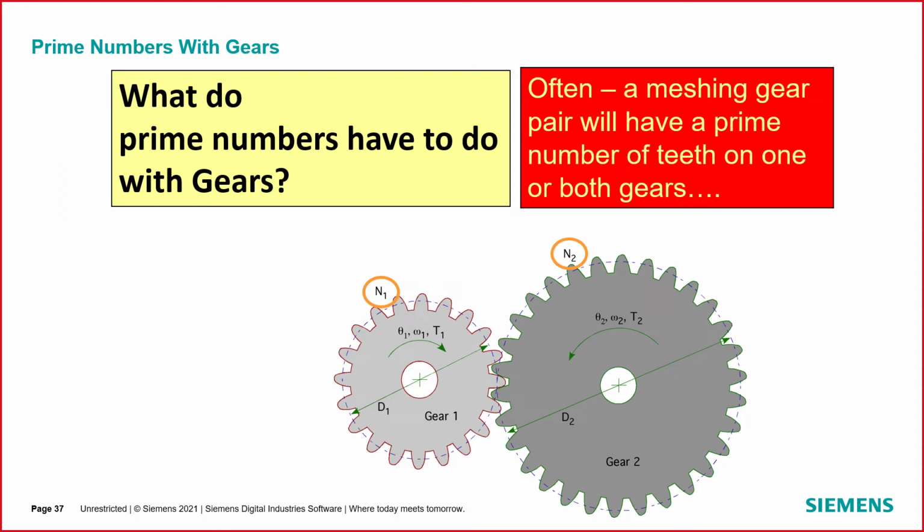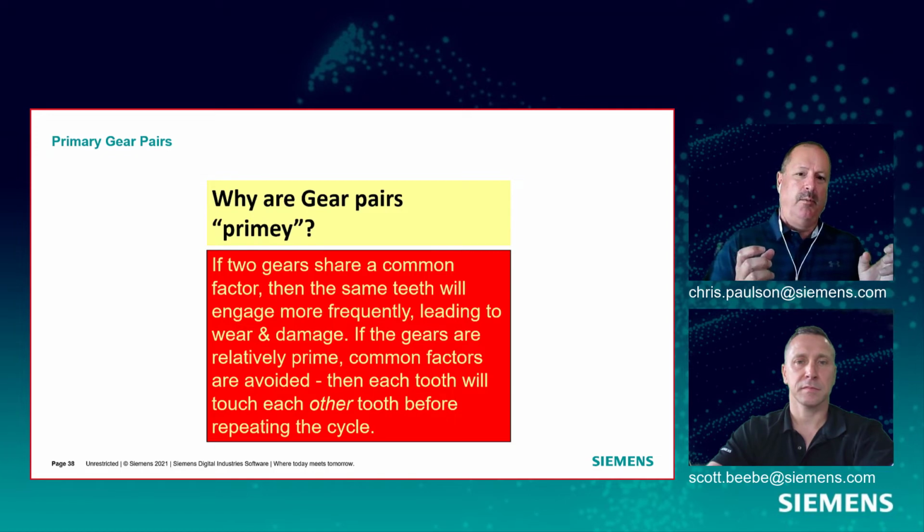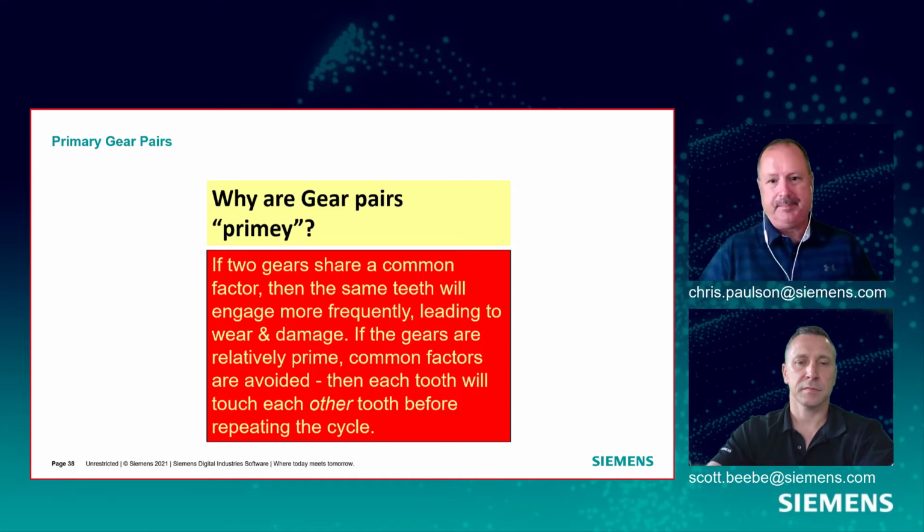In a meshed gear pair, oftentimes one or both of the gears will have a prime number of teeth, and there's a deliberate reason for that. The more common factors the gears share in their number of teeth, that means certain teeth will engage and disengage more frequently, which means you're going to build in an area where you're going to get more wear and more damage, and you're basically building in where your first failure is going to be.